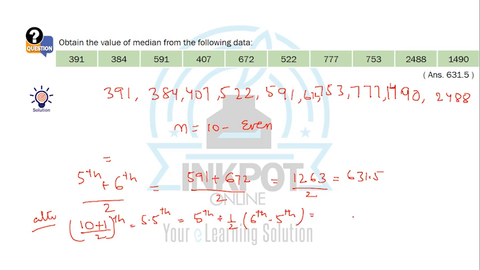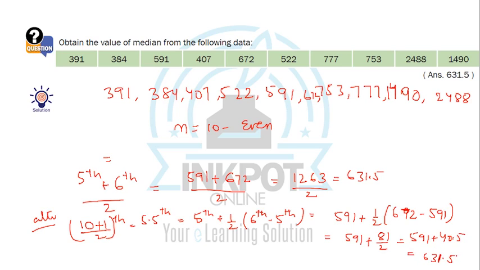So my 5th value is 591 plus half of 6th value 672 minus 591, which is equal to 591 plus 81 upon 2, which is equal to 591 plus 40.5, which is again equal to 631.5. So whichever you find comfortable or easy, you can use any of the two methods.